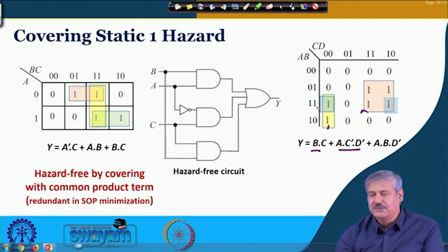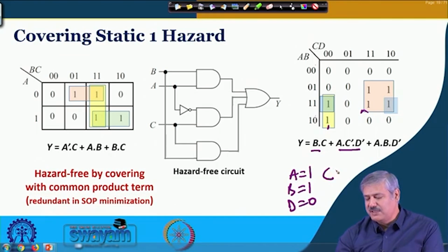So that is the A B D prime, and if you remember, that was the condition at the input side when A is 1, B is 1 and D is equal to 0, and C was changing from 1 to 0, the glitch was occurring.